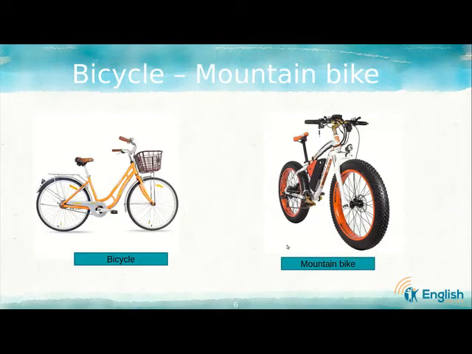Mountain bike, mountain bike. What's the difference between a bicycle and a mountain bike? A bicycle is usually lightweight with drop handlebars, and if you look at the tires, you'll see that the tires are meant to be used on paved roads because the tires are narrower than the tires of a mountain bike.